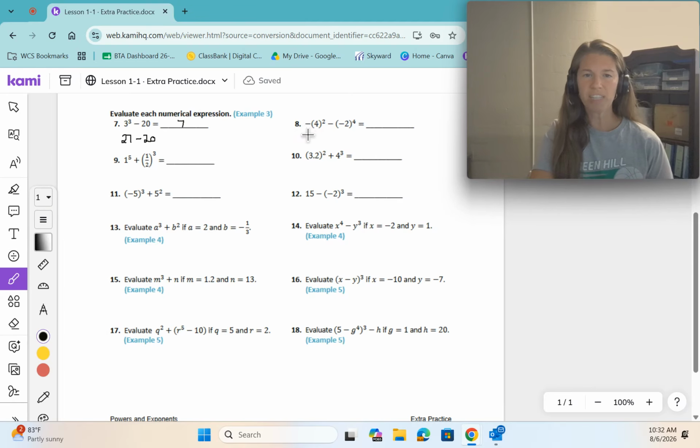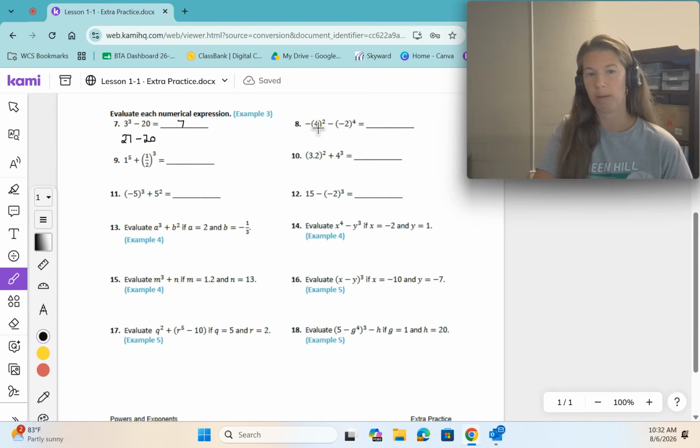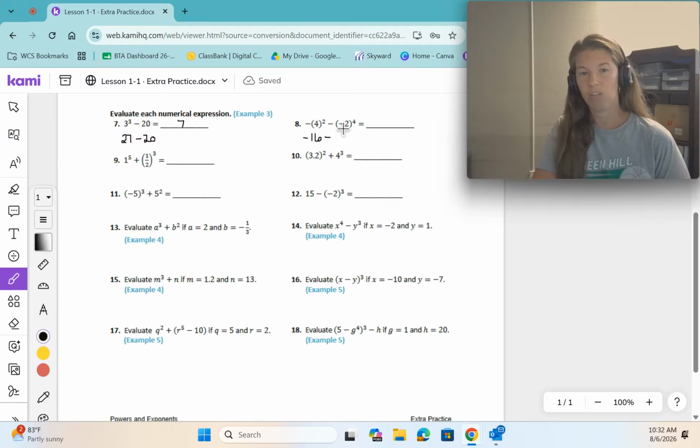Okay. This next one has negative 4 squared minus negative 2 to the 4th power. So here you can see just the 4 is in parentheses. That means it's 4 squared, which is 16, and you're taking the negative value of that. And then minus negative 2 raised to the 4th power.